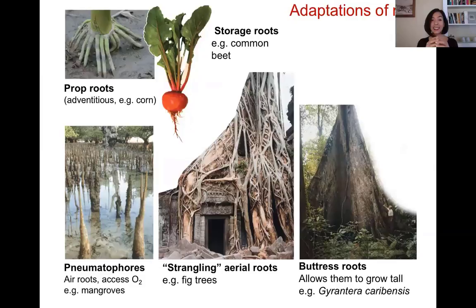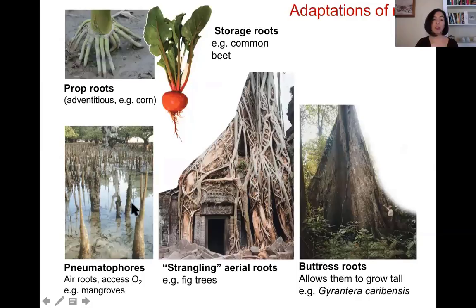In this case, look at the beets, but also the carrots. So in this case, these plants will store starch, so a lot of sugar in these cells in the roots. And that helps the plant to go through winter and then use these sugars in the next year.